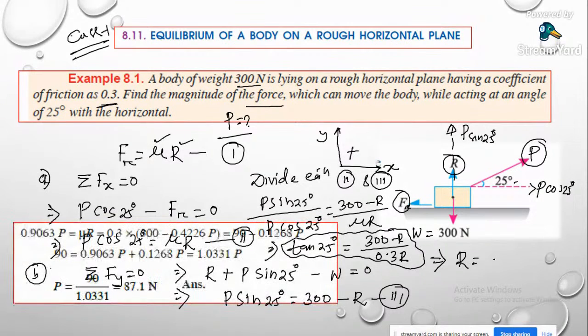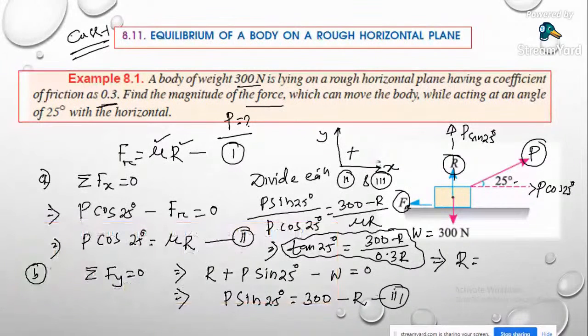So how much R magnitude is coming out to be? You can solve it. After finding the R magnitude, you can put it in equation 1 and find out P. Calculate how much R you are getting, then just put this R value in equation 2, and here you can find out the P value.